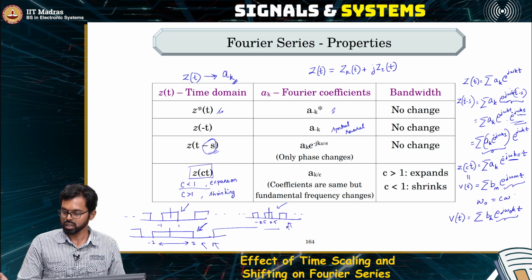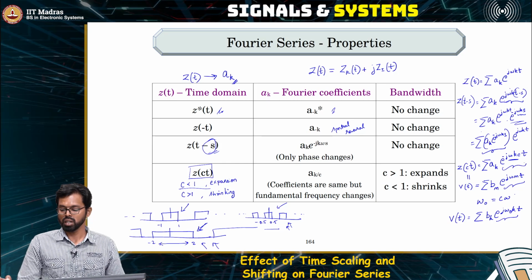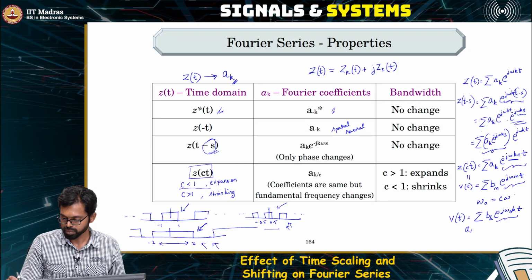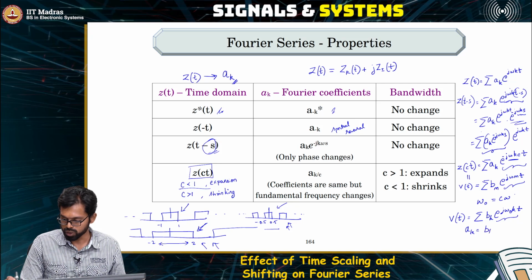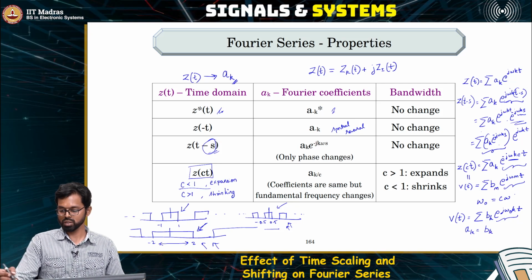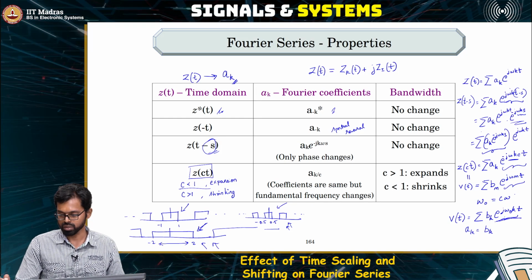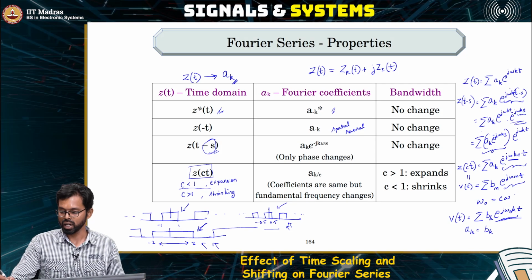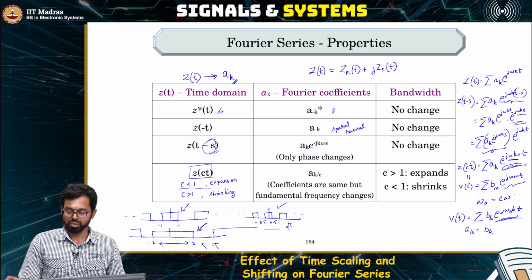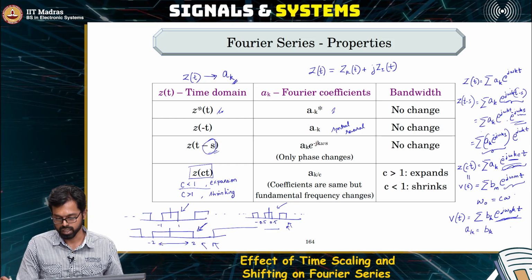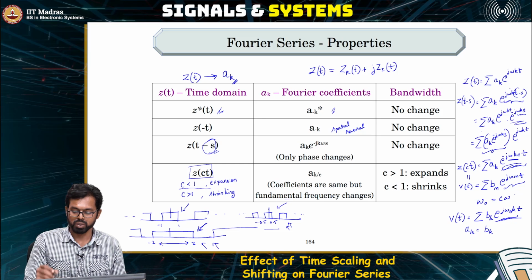Then if you compare these two coefficients, you can directly say that a_k is equal to b_k. The Fourier series coefficients are exactly the same for these phasors, because these two phasors for k equal to 1 are exactly the same. So the Fourier series coefficients do not change, but the fundamental frequency changes.